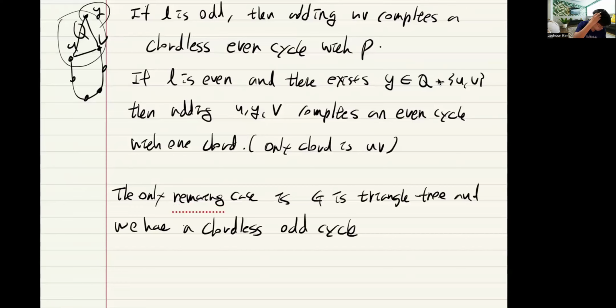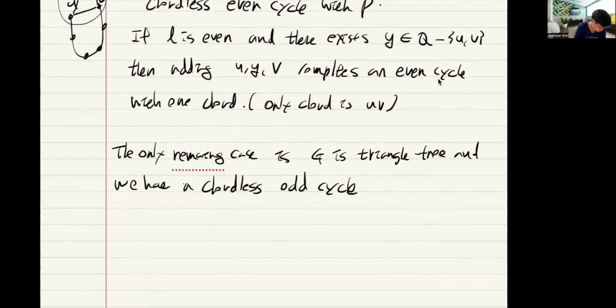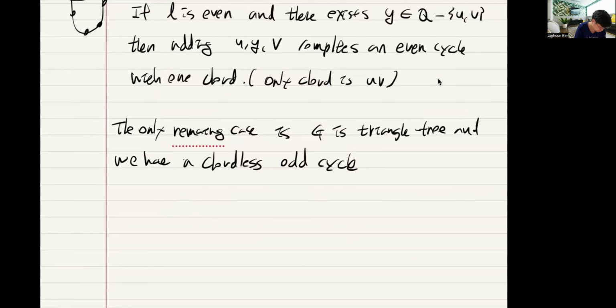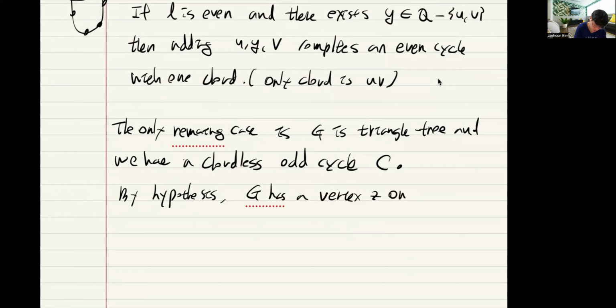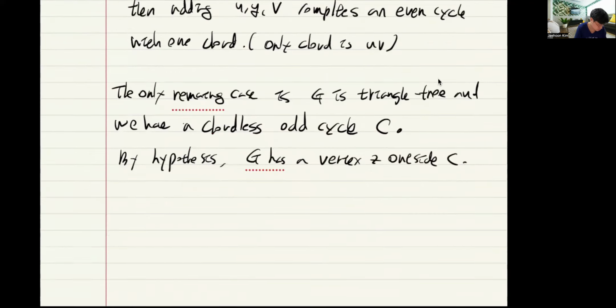Then what? As we assume that G is not a complete graph or odd cycle, what do we know by hypothesis? Say this odd cycle is C. G is not C, meaning that G has a vertex outside C. Now what do you know?